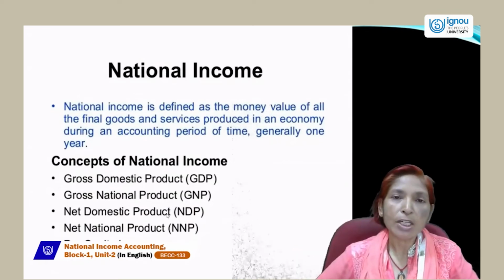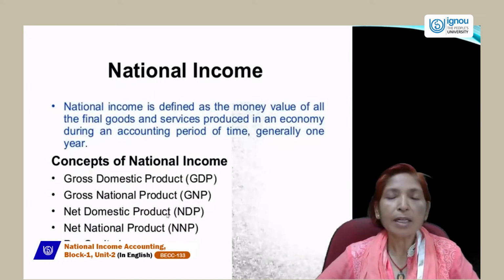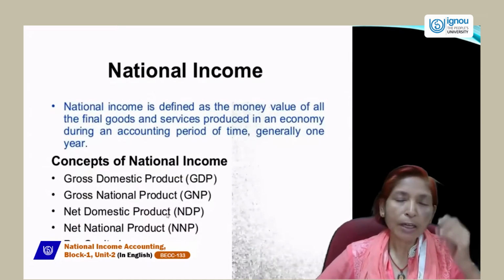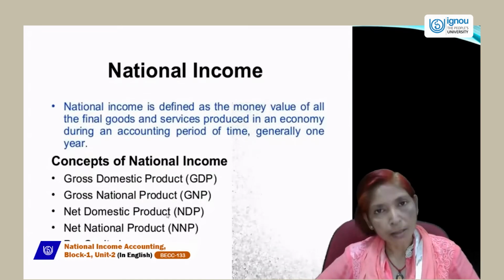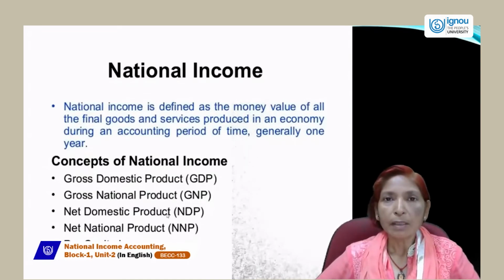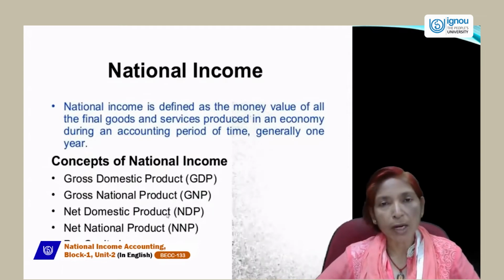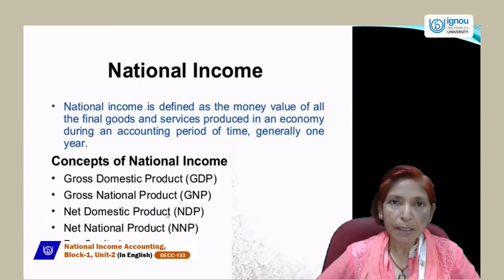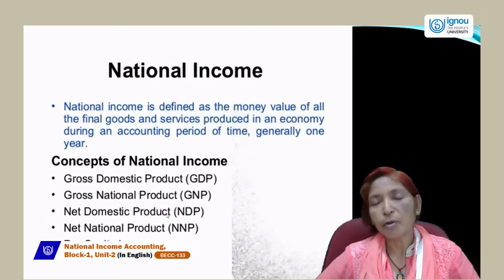The aggregates of national income are: number one is GDP. Here G refers to gross, D means domestic, P means product. Next is GNP: G is gross, N is national, P is product. Next is NDP: N is net, D is domestic, P is product.